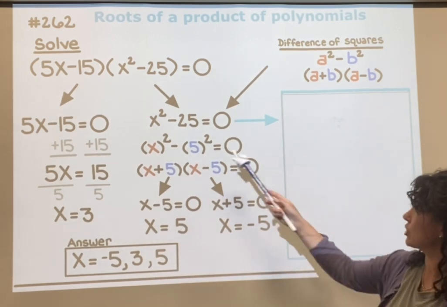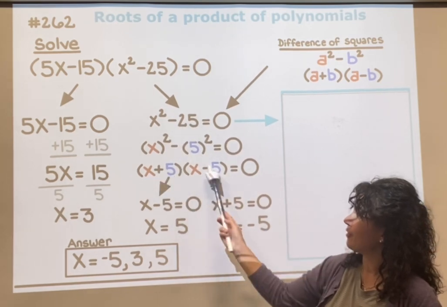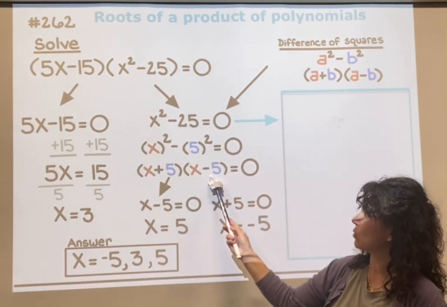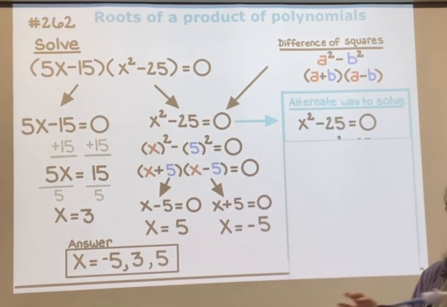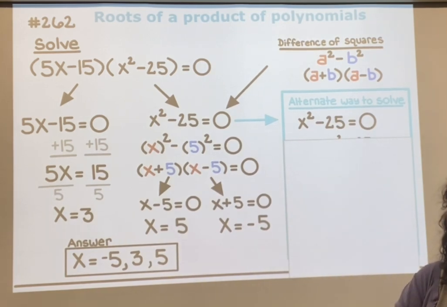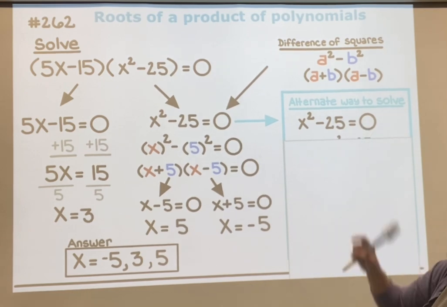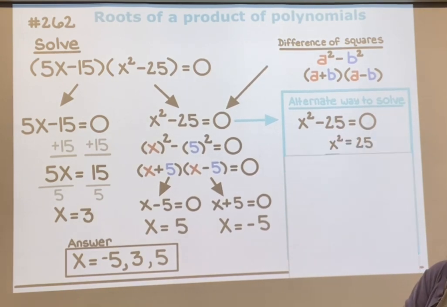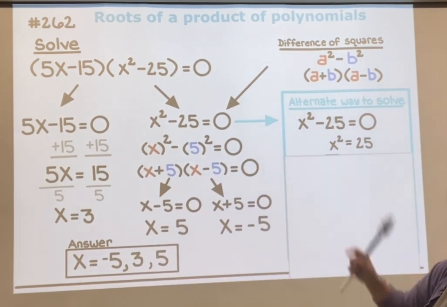Another consideration when we get to this part here, if you don't want to factor using the difference of squares, then something we could do instead is we can move the 25 to the other side. I'm just undoing the order of operations. So to get rid of minus 25, add 25. To get rid of squaring, I'm going to take the square root.